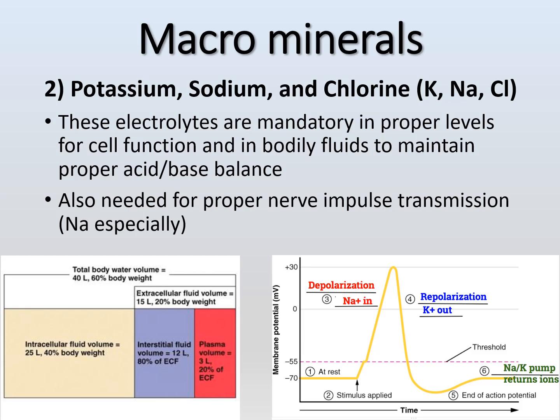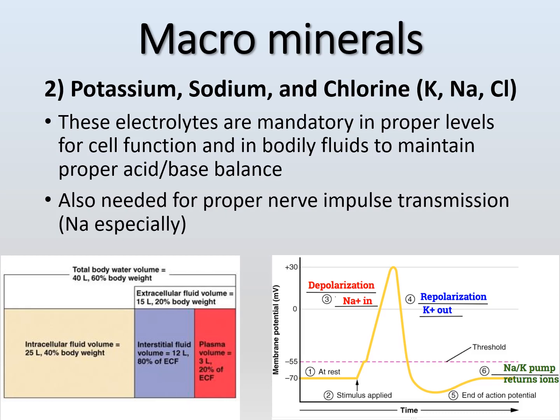But they're also needed for proper nerve impulse transmission, especially sodium and also potassium. When you have a nerve impulse, you have this depolarization of sodium, and that's what actually stimulates the nerve impulse to go through the neuron.